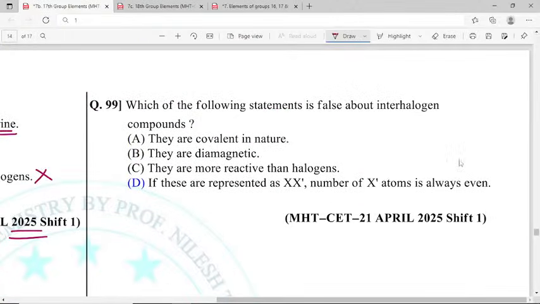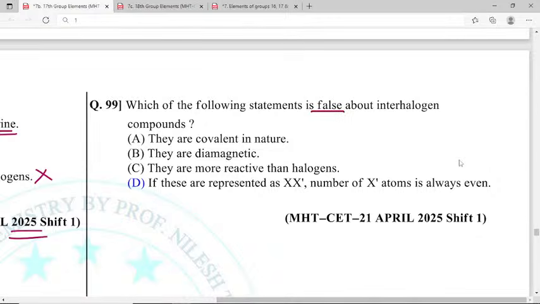Which of the following is false about interhalogen compounds? Same question was asked in 2023-24 also. They are covalent in nature, correct. These are diamagnetic, yes, correct. These are more reactive than halogens, correct. These are represented by XX', and the number of X' atoms is always even? No, it is always odd.